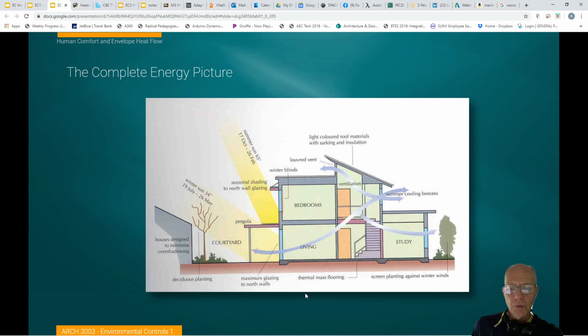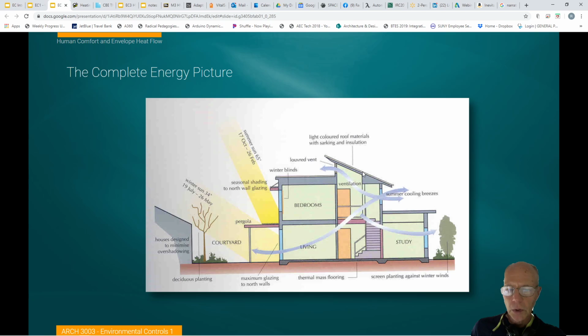Before we leave this idea of thinking about heat loss, I don't want you to see the whole ball of our design criteria based on just R values. We have, once again, this complete energy picture: what comes in through the sun, what modifications we make to control the sun entering the building, our natural ventilation, the kind of surfaces, like we talked about emissivity or reflectivity of roof surfaces.